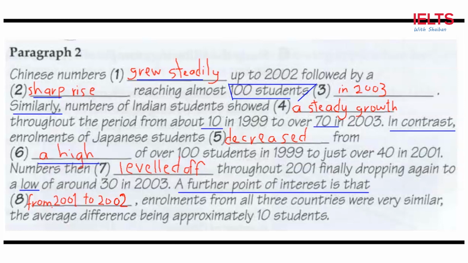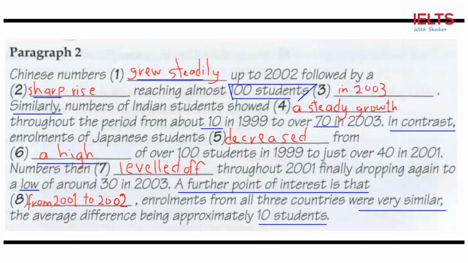Then he said another similarity: a further point of interest is that from 2002 to 2003, enrollments from all three countries were very similar. So again, showing some kind of similarity. That means they were very similar, and the difference was approximately 10 students.